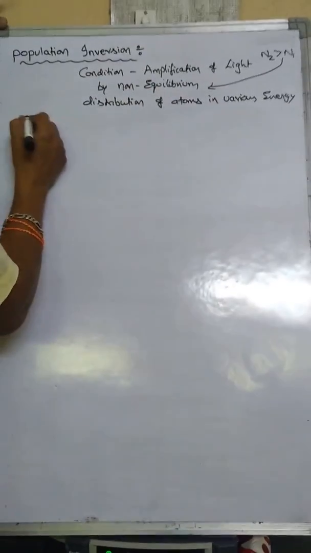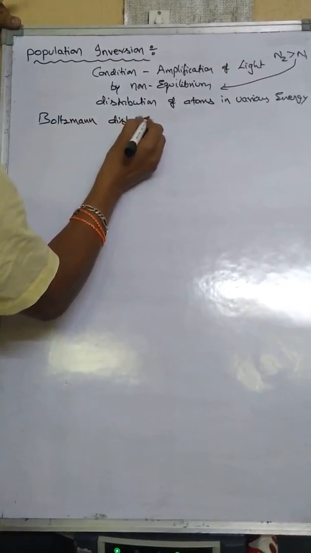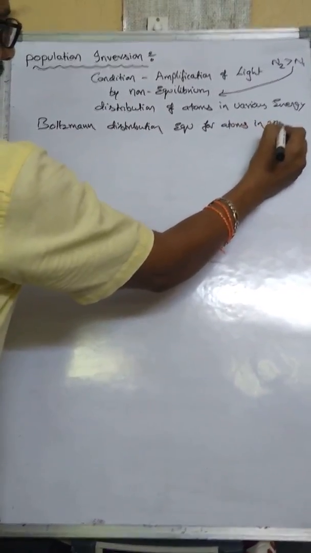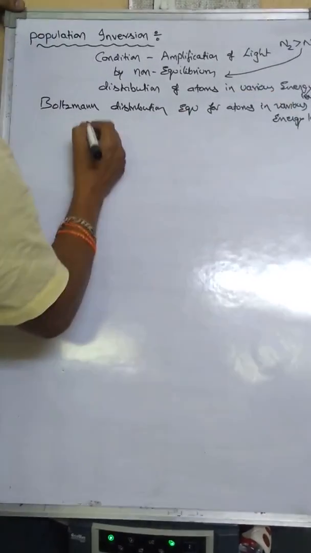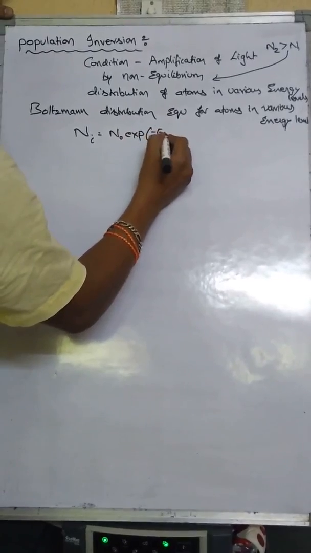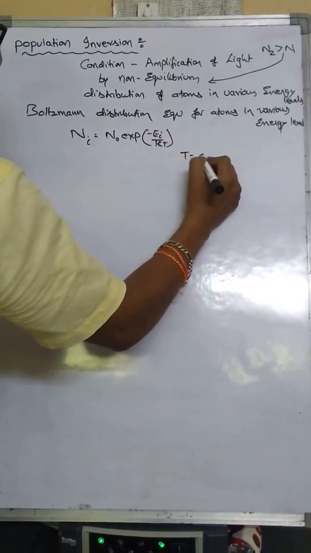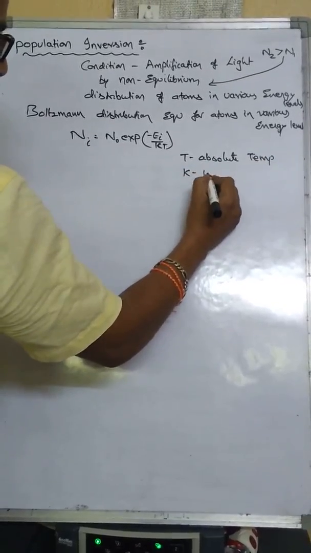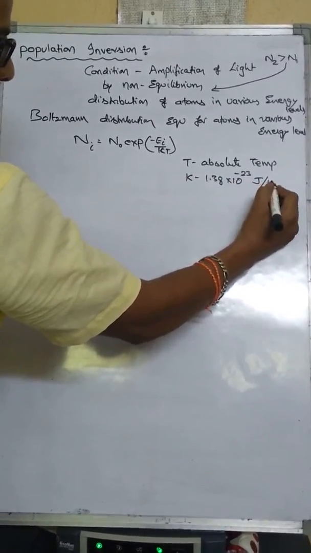The distribution of atoms in various energy levels is guided by the Boltzmann distribution equation: Ni equals N naught exponential of minus Ei by kT, where T is the absolute temperature, and k is the Boltzmann constant, 1.38 times 10 power minus 23 joule per Kelvin.